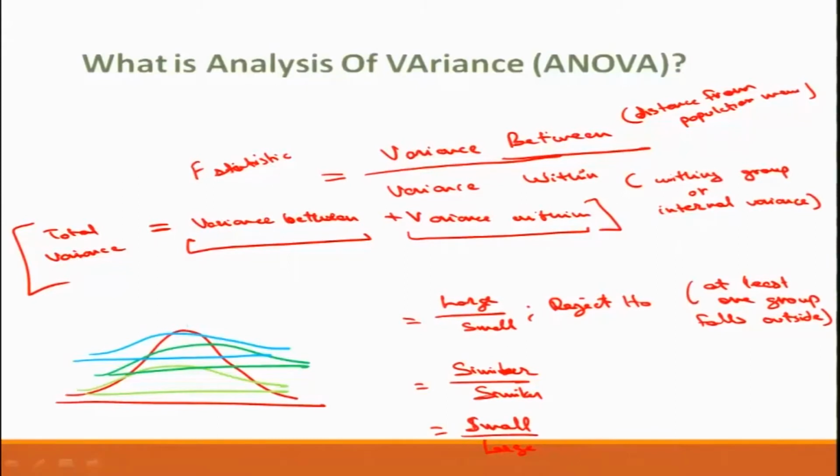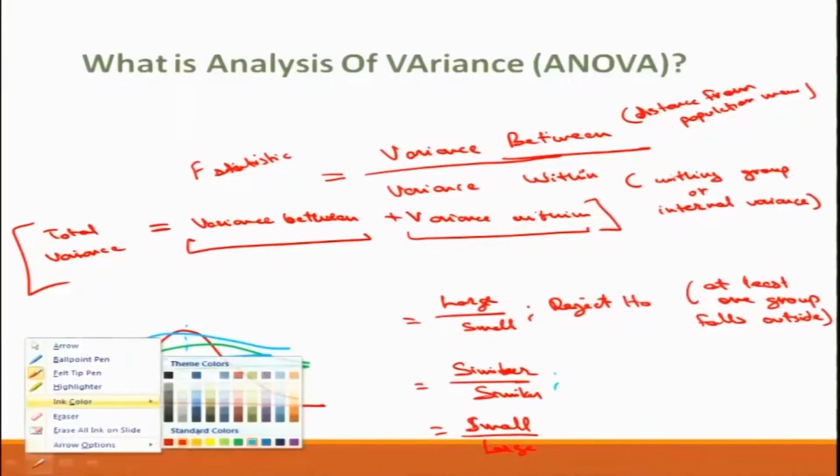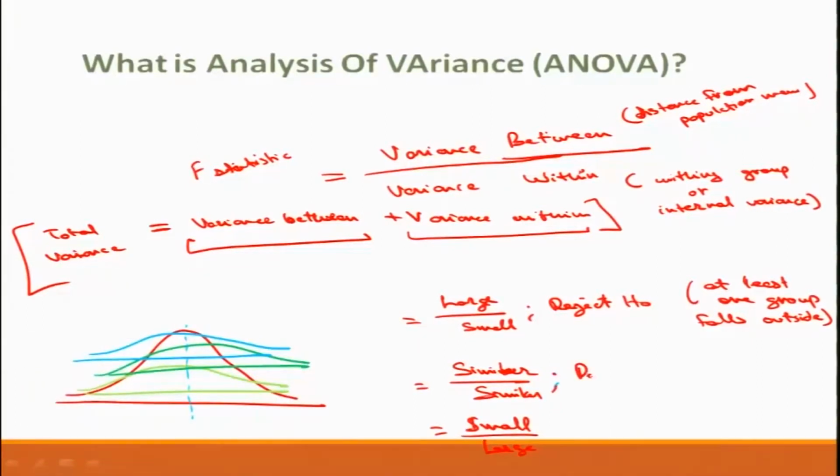So, what we can see here is the means are very much close. That means we fail to reject the null hypothesis. Do not reject H naught, and we can see overlapping here.